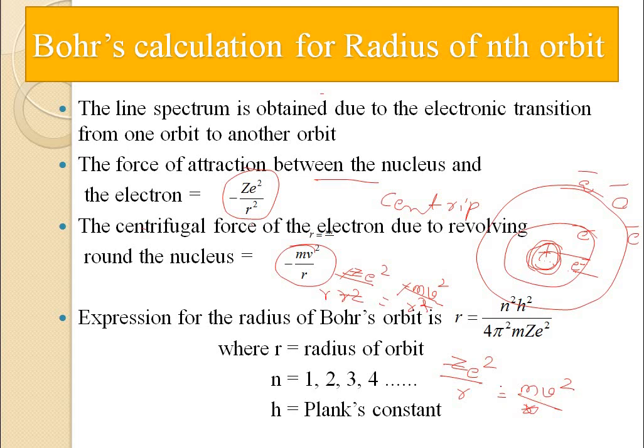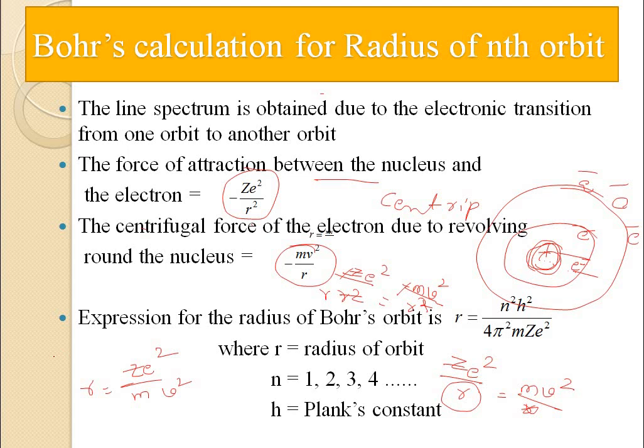From this I want the radius of the nth orbit, r. So we bring the relation to one side. Then r is equal to Ze square by mv square. But actually what we know is mvr is equal to nh by 2 pi.